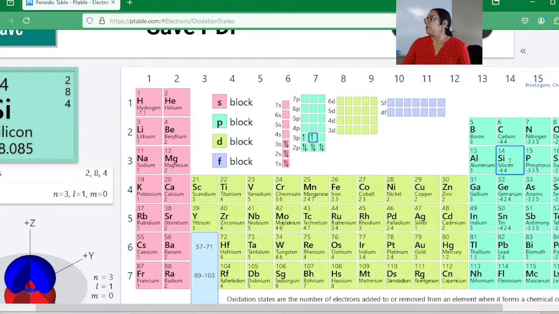Which part? So we're just trying to define where the electrons are. That's all we're trying to do right now, is figure out, well, where do the electrons live, and then how does where they live dictate reactivity?